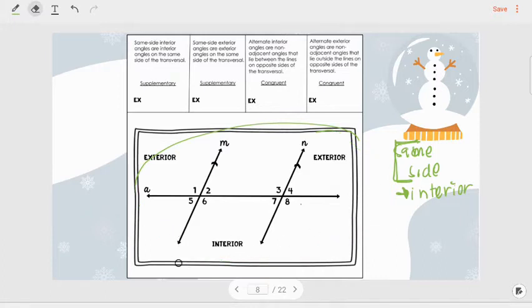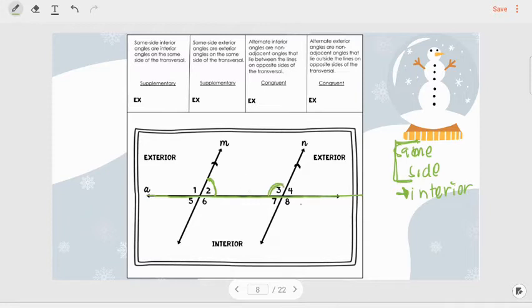So if I'm looking at my diagram, what are we talking about, same side interior? Well, interior, so on the same side, here's my line that I need to stay on the same side of. If angle 2 is one of my interior angles, well, what's on the same side, on the inside with it? Angle 3.